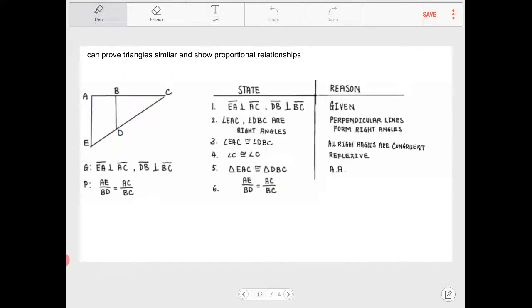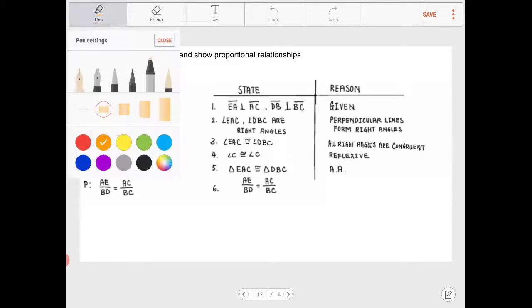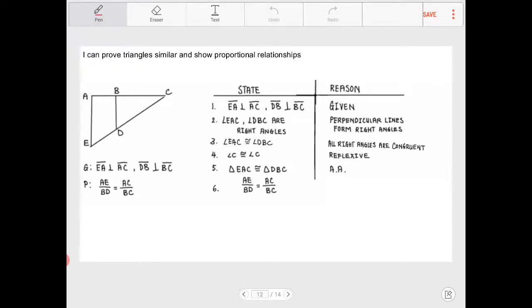So we can say that these two proportions are going to be equivalent because of, and this is new for this lesson, you have not seen this reasoning before, corresponding parts of similar triangles are proportional. It's very similar to, yeah, that's right, CPCTC.